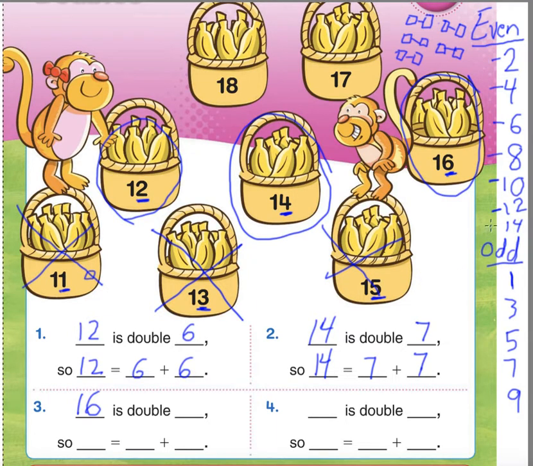Well, let's start from our last one that we figured out, right? We said 7 plus 7 is 14. And then our next number up is 8 plus 8. What is 8 plus 8? That is actually 16, and that's our next number. Cool. All right. So 16 is double eights.